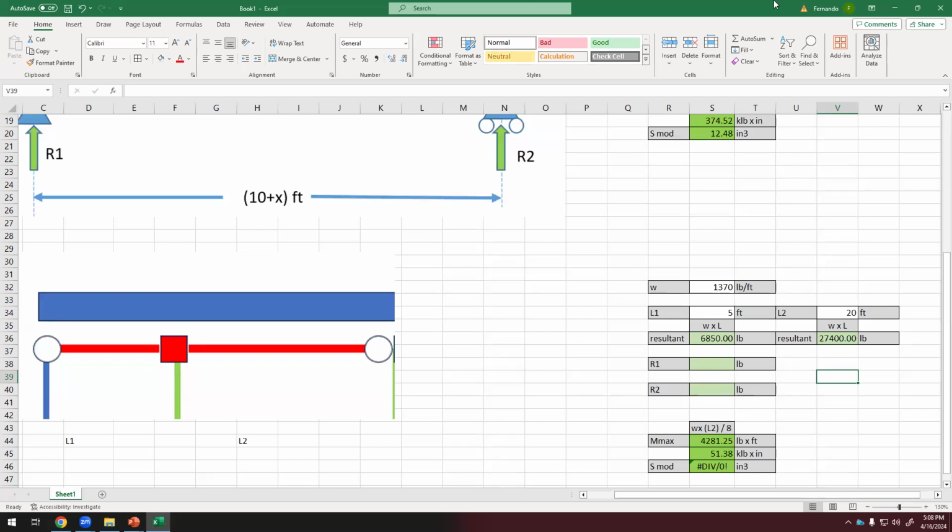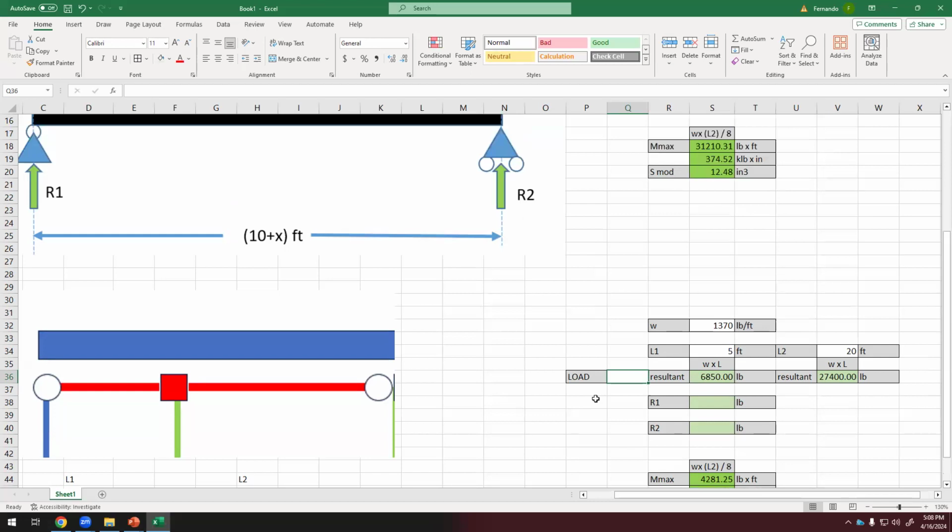If I want to make sure that I'm doing this correctly, L1 is this one, L2 is on the right, and that load is here on the left. So I'm going to type load here. And this load is just a value.